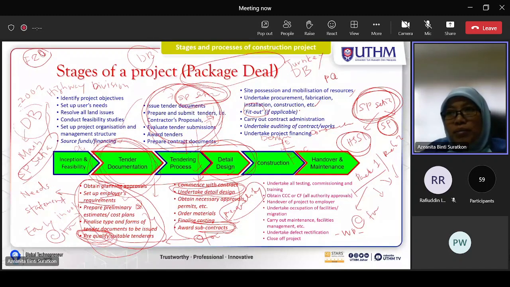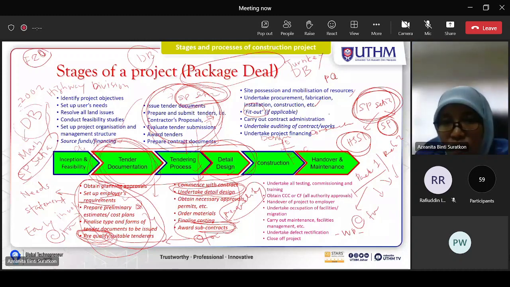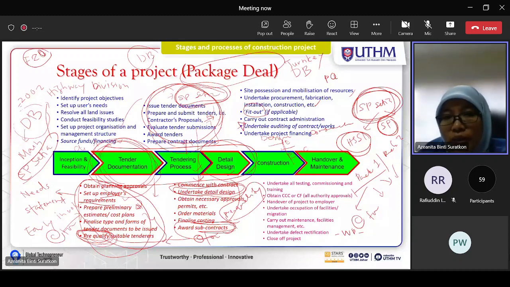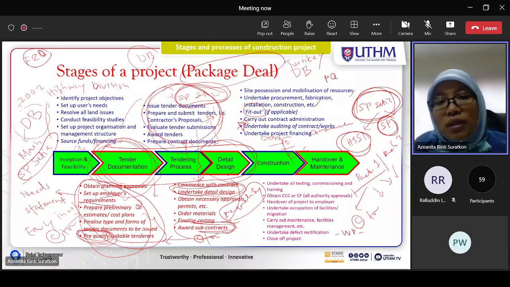furniture, built-in furniture, whatever, you have to include in that. The rest I think is also unique: undertake auditing of contract or works. Here, because the design and construction are performed by one contractor, the same contractor who provides the design and also does the construction work, we are talking about the main contractor here.